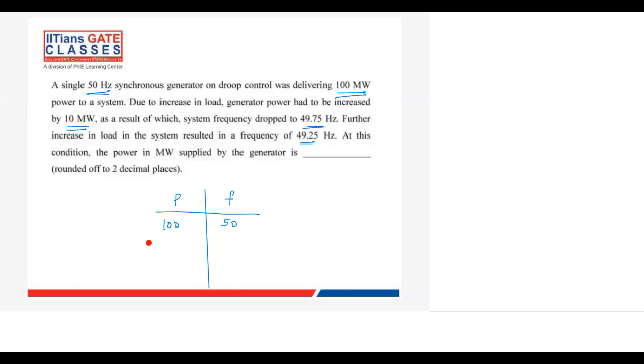Then the load increased by 10 megawatt. Always the load has to be matched by generation, so the new generation would be 110, and the frequency was 49.75. Now the power further increased, let's say it is X, and the frequency became 49.25. Since this is under droop control, it will follow the droop characteristic.